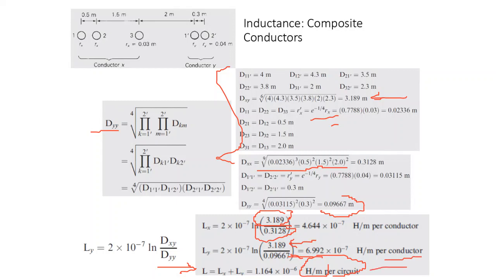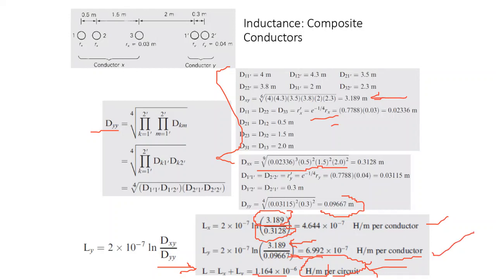Notice this in here. Per circuit means we have this single phase circuit, and when you write it as a single line diagram on the circuit, you will put this. Okay, not X, not Y. It's per conductor. And then how many conductors do we have? We have 2 conductors because this is a single phase.